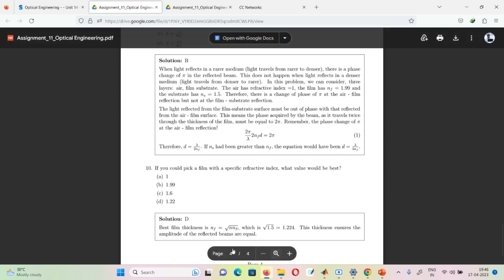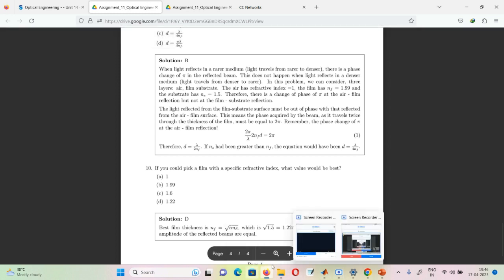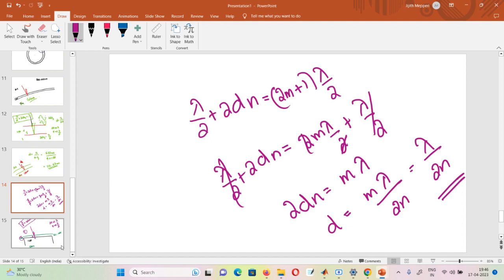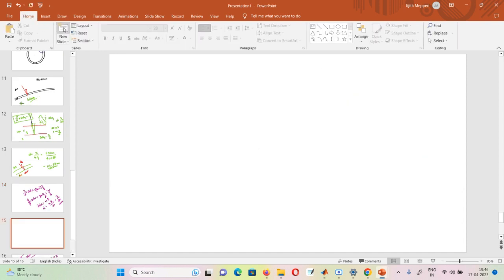So this is your thin film. Bottom side is glass of 1.5. The top side is air of 1.